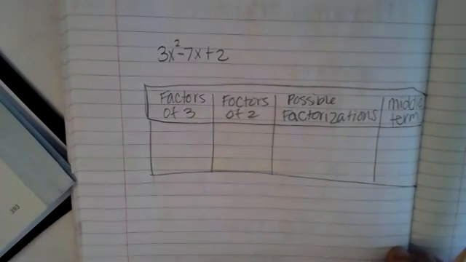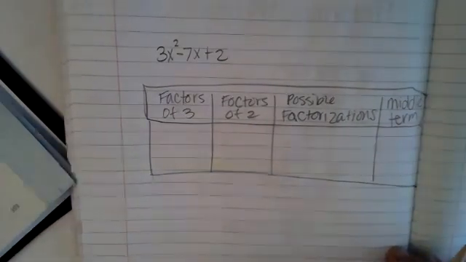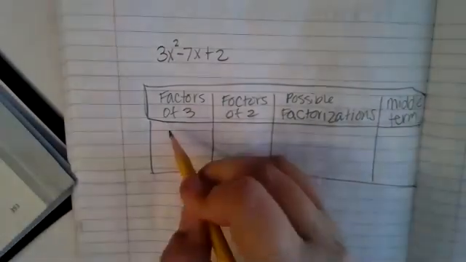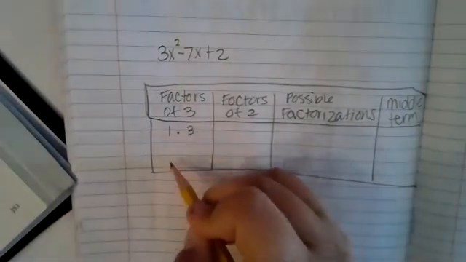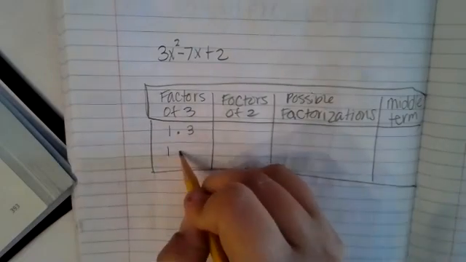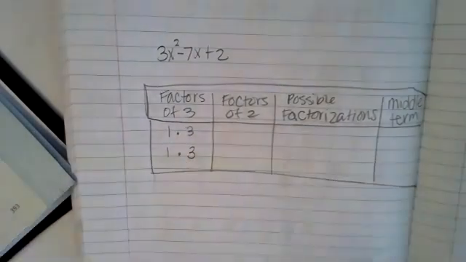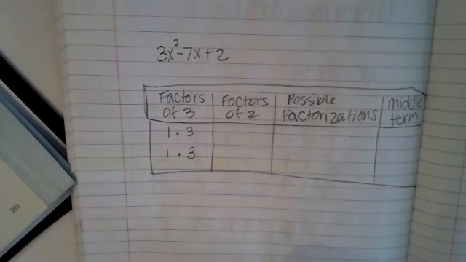So factors of 3. This would be like 1 times 3, 1 times 3. We'll just leave it at that. Okay, and then factors of 2.